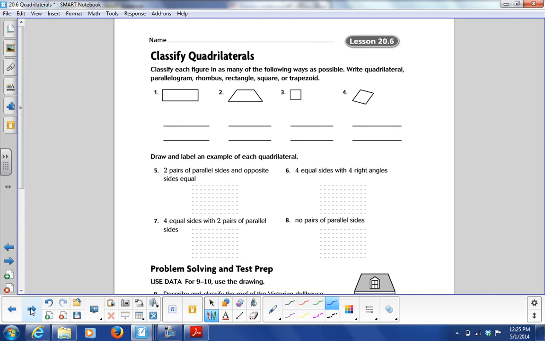Okay, so classifying quadrilaterals in 1 through 4, we're going to classify each figure in as many of the following ways as possible. Write quadrilateral, parallelogram, rhombus, rectangle, square, or trapezoid. Number 1, I can tell it's a rectangle. I can look at my notes, and it would tell me that a rectangle is also a parallelogram, and it's a quadrilateral.